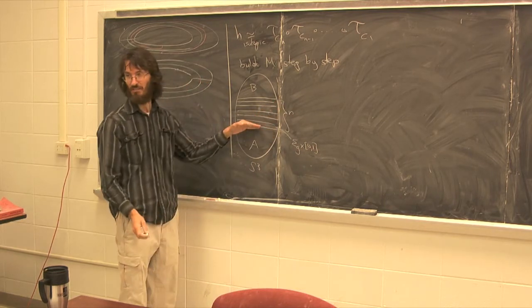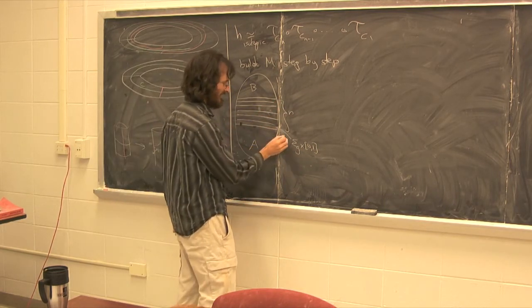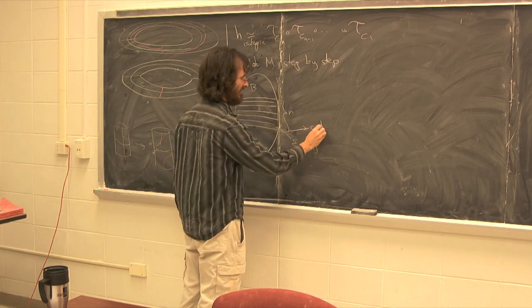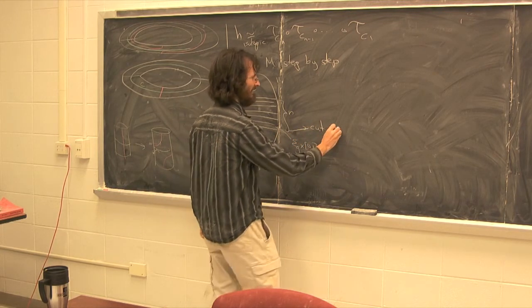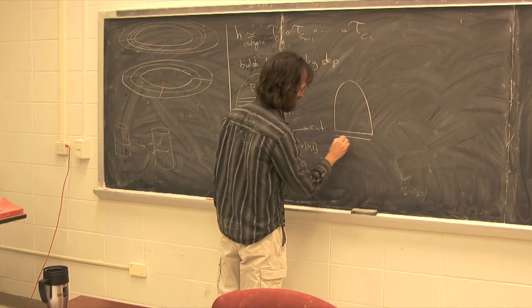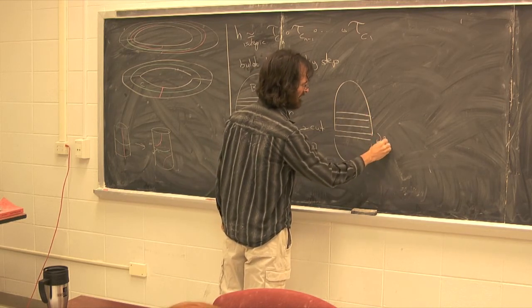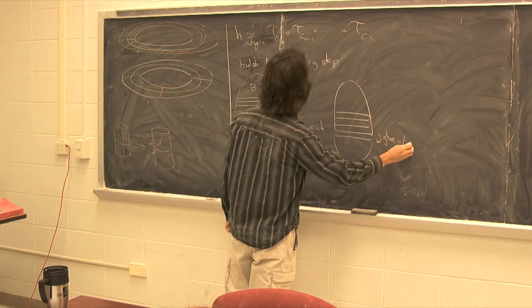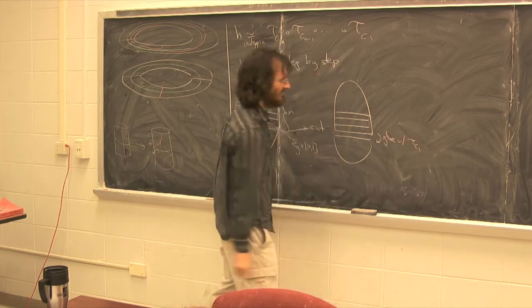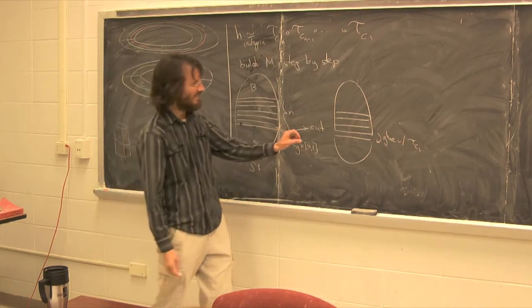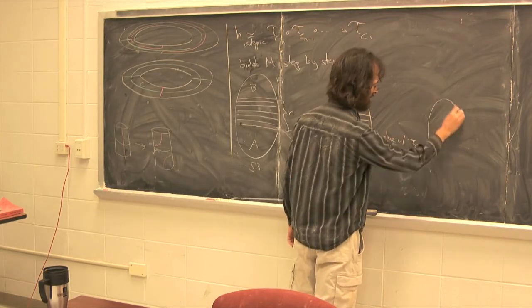So cut open along the first one, and then glue with tau C1, and I get some intermediate manifold.